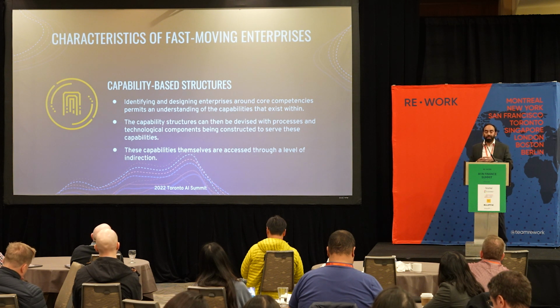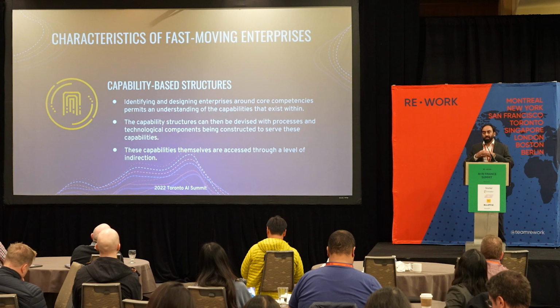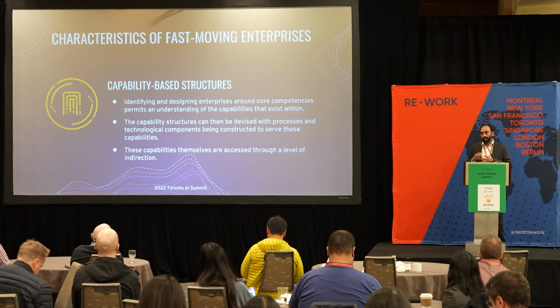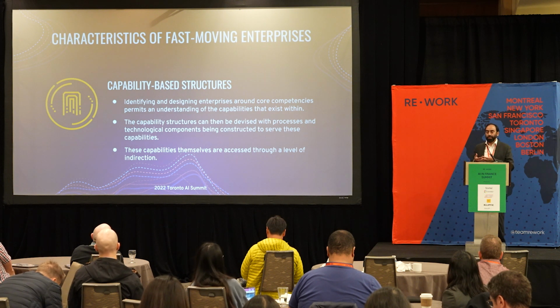What you do is identify core competencies in an organization, like in a bank, and you wrap them around capabilities that an organization contains or should contain. And there are certain capabilities that would not be present. So you either bring them in, start building them within the organization, or partner with another organization to build out or supplement those capabilities.